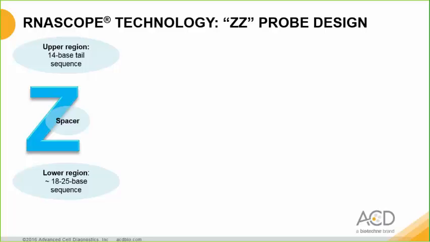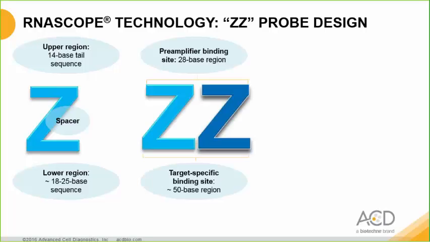As I mentioned, the RNAscope assay begins with a unique probe design for the detection of target RNA. The probes are Z-shaped oligonucleotides composed of an 18 to 25 base sequence lower region that's connected to a 14 base tail sequence upper region via a spacer. When a pair of Z probes hybridize next to each other at a target binding site, which spans approximately 50 bases, the upper regions of the two Z probes, now next to each other, form a pre-amplifier binding site of about 28 bases.